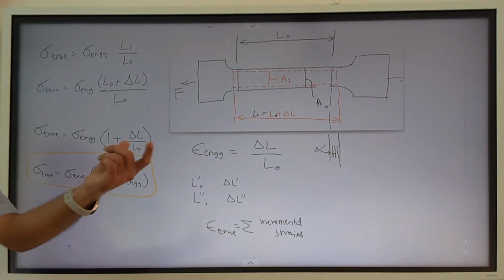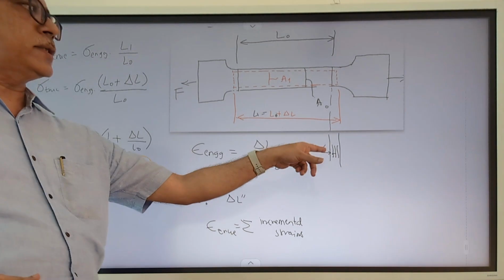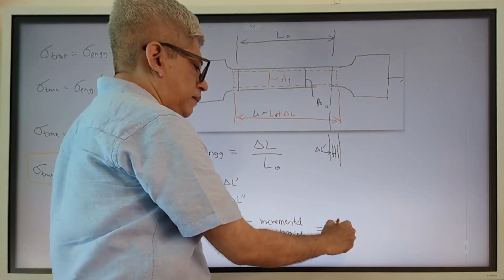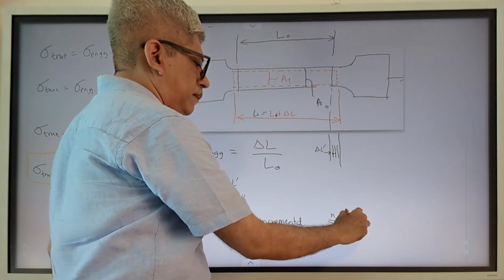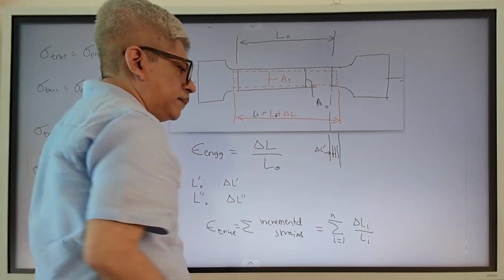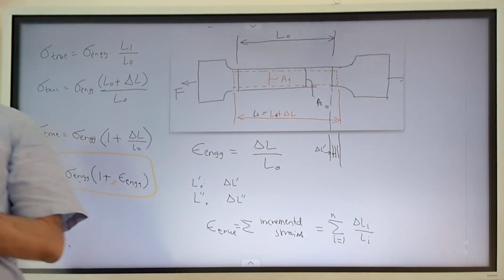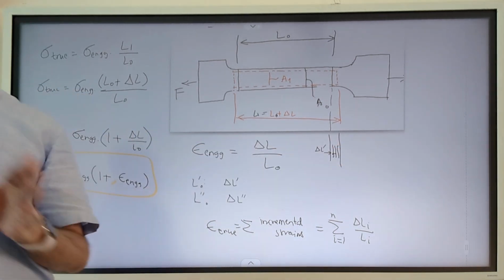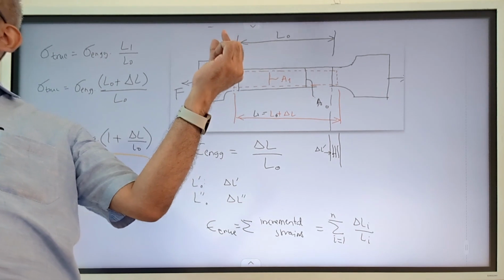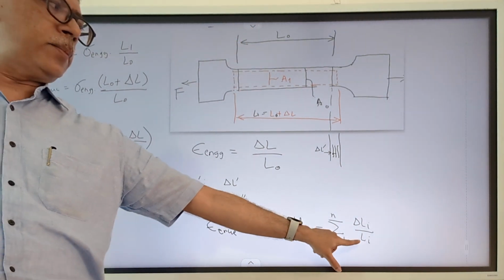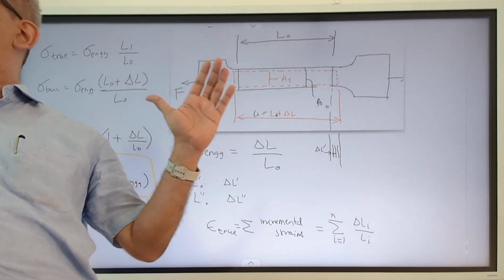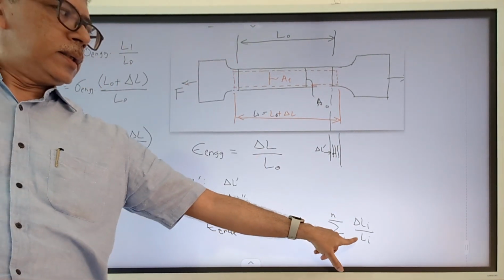And what is the incremental strain at any instance? If you divide this growth in length into, let's say, 10 segments, during each 1/10 of the segment there will be some instantaneous length and some instantaneous growth in length because of the load being gradually applied.